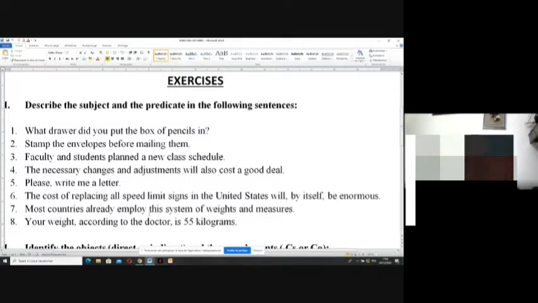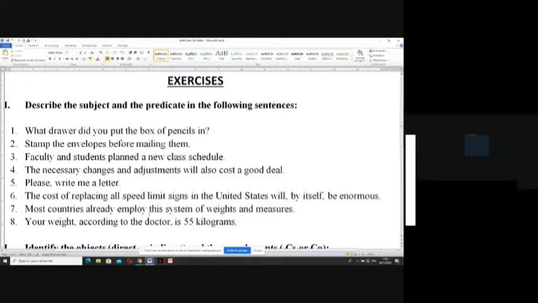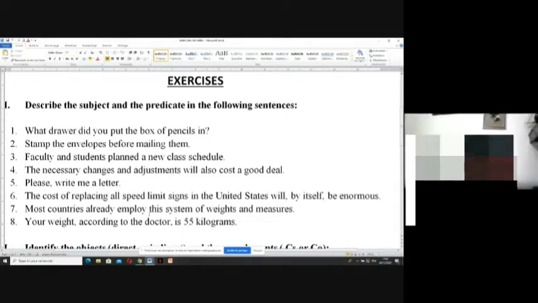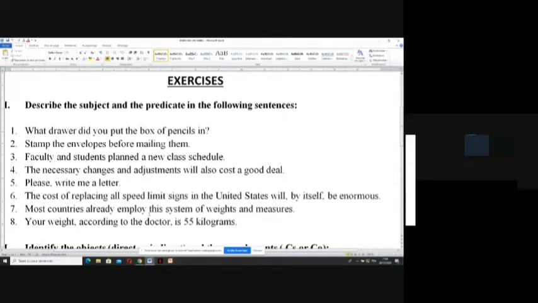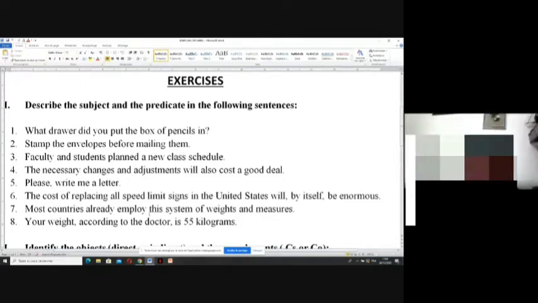Like in Arabic, when we say, for example, يفعل. He did. So يفعل، والفاعل ضمير مستتر تقديره هو. So do you see the doer of the action? No, you don't see it. But in here, it's hidden. Or to give you the same example, write me a letter. اكتب لي رسالة.